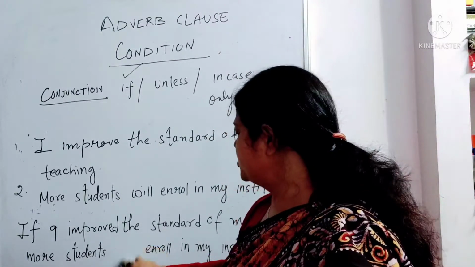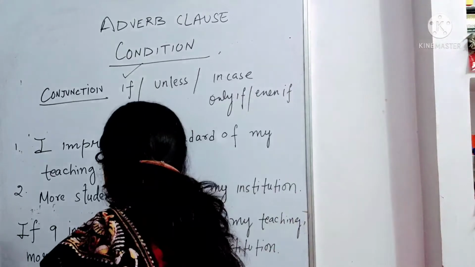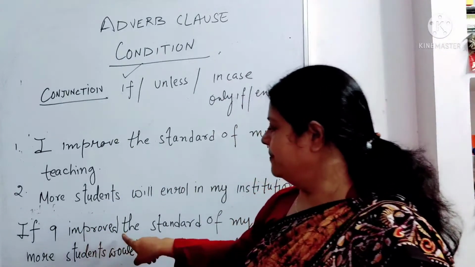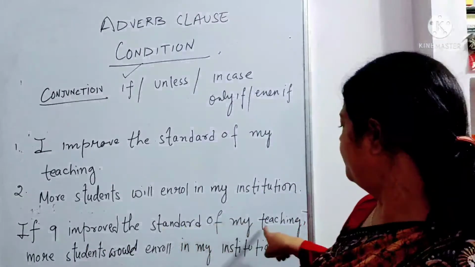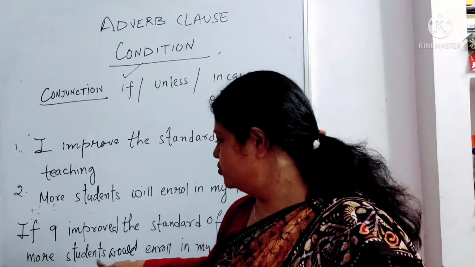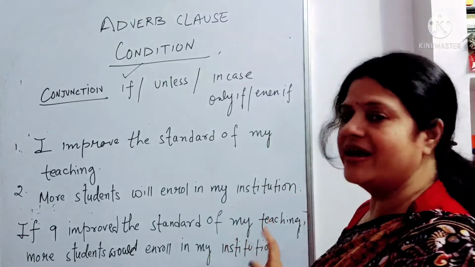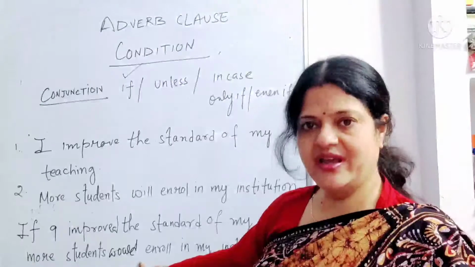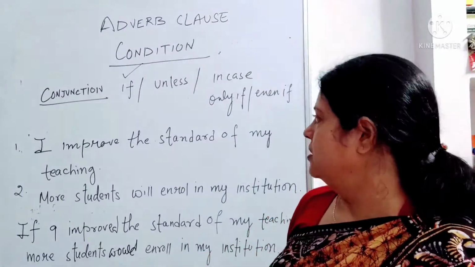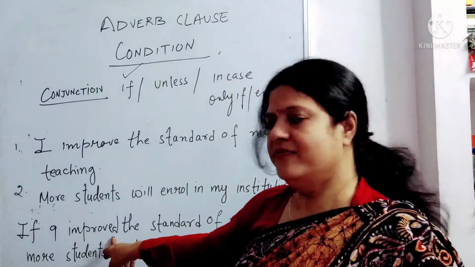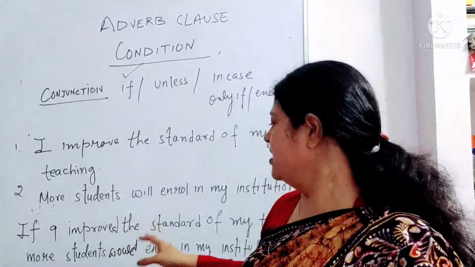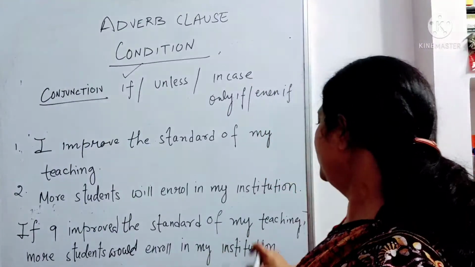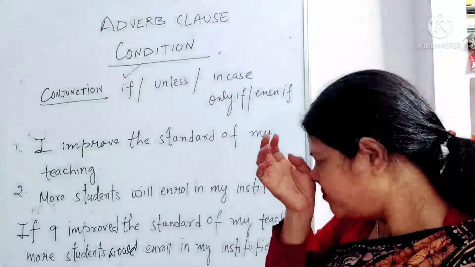Instead, it would become would. Now, if I improved the standard of my teaching, more students would enroll in my institution. So if the principal clause has would, the subordinate clause will have past indefinite.